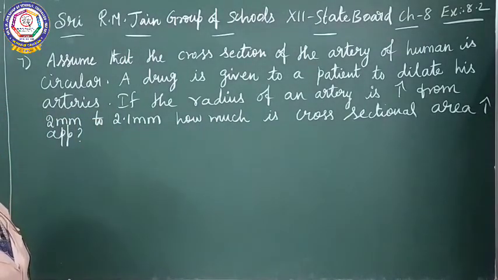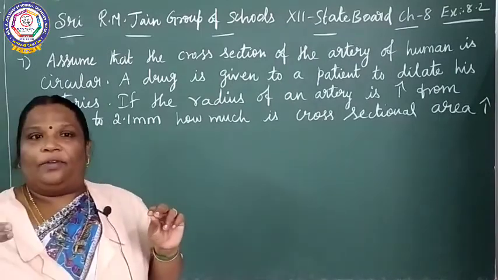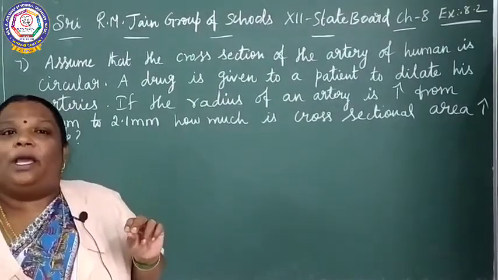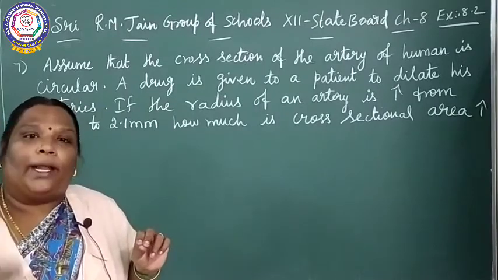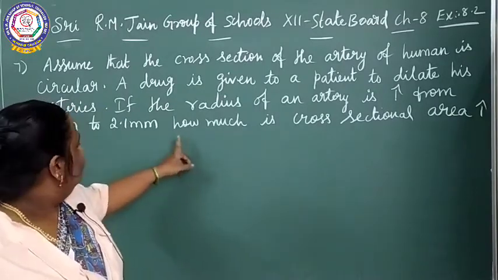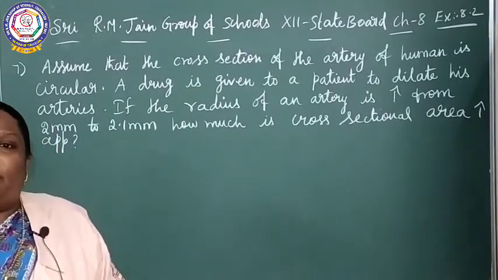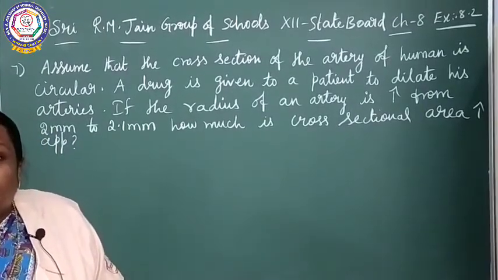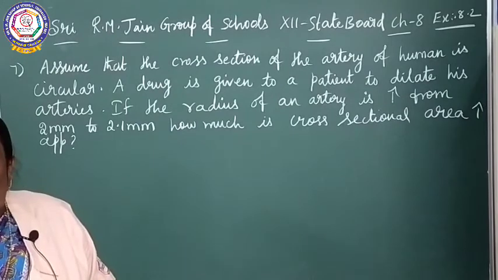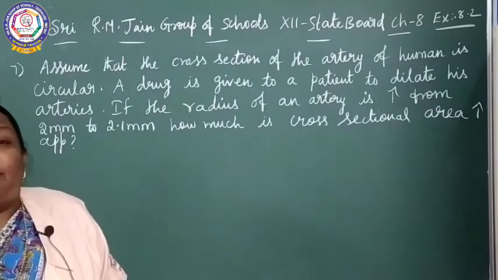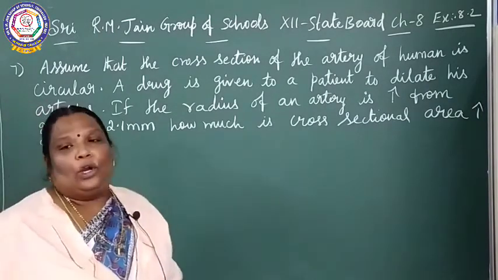If the radius of the artery is increased from 2 mm to 2.1 mm, you should find out the approximate increased area of the cross section.